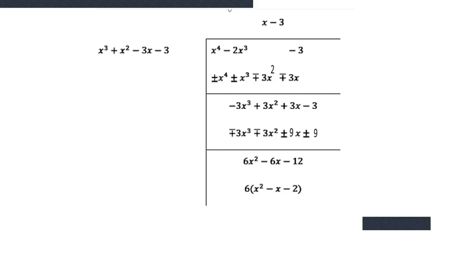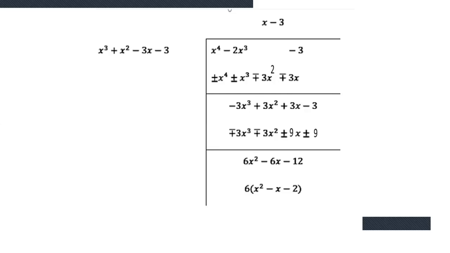Here you can see that here is x cube and here is minus 3x cube. So we should multiply by minus 3 to get this minus 3x cube. Minus 3x cube minus 3x square minus 3 3 is a 9. That will change into plus 9x and minus minus plus 3 3 is a 9.